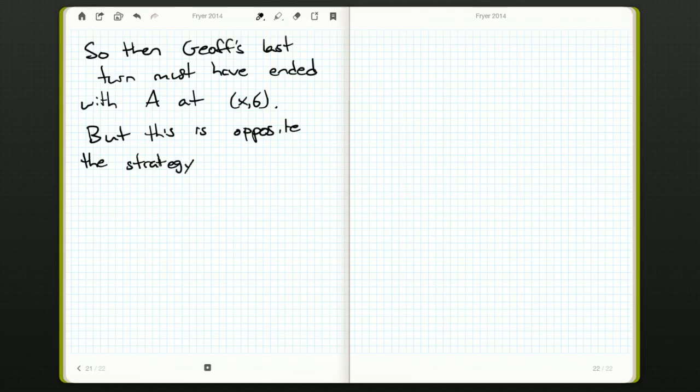But this is the opposite of what our strategy is.